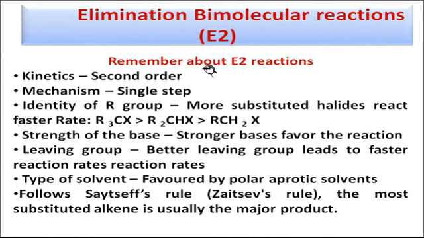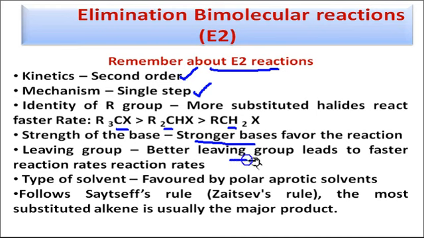Now, for the E2 reaction, the following points must be remembered. These reactions follow second order kinetics. This reaction is completed in a single step. The reactivity order of substituted alkyl halides is tertiary halides more reactive than secondary halides, than primary halides. The stronger base favors the E2 mechanism.